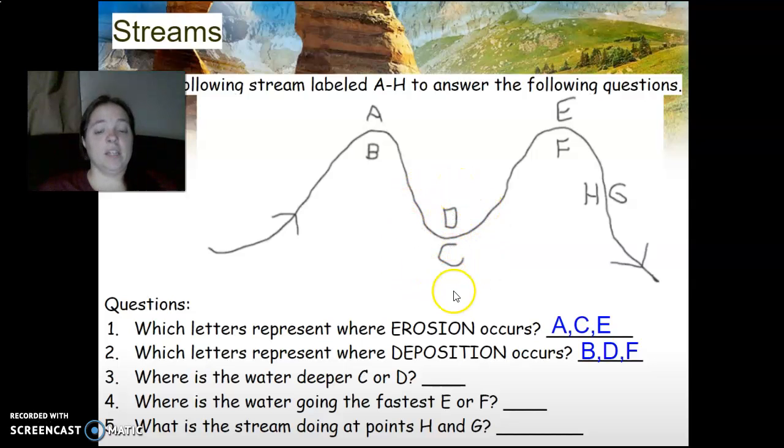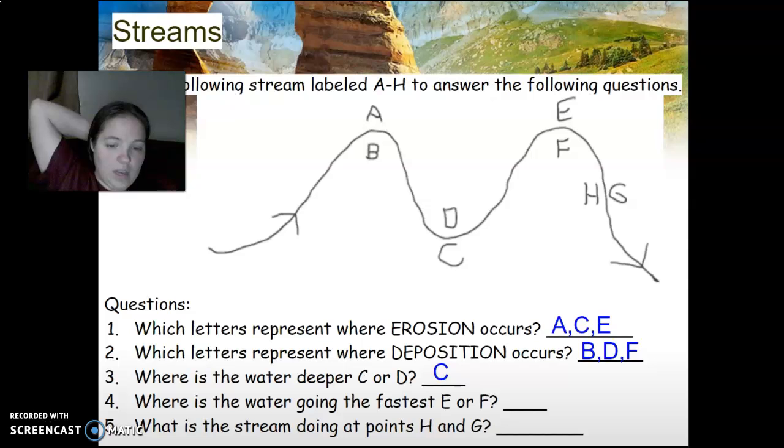Remember, it's going to be the fastest. It's going to be letter C. And if I look at E and F, where is it going to go the fastest? It's going to be E because it's on the outside.